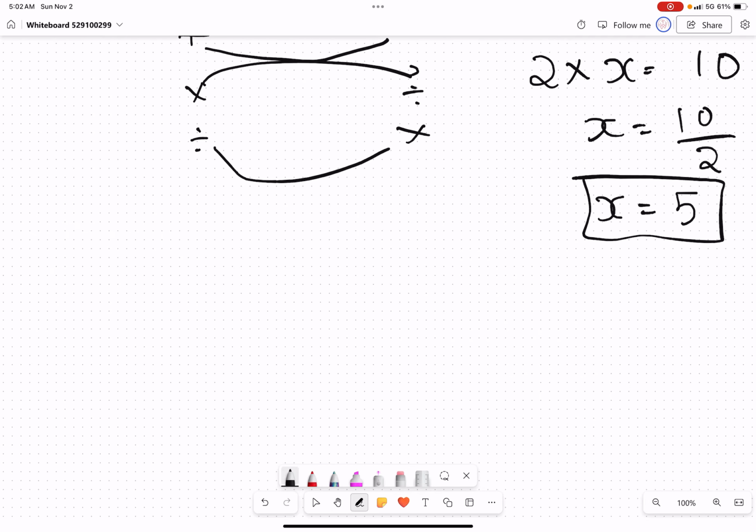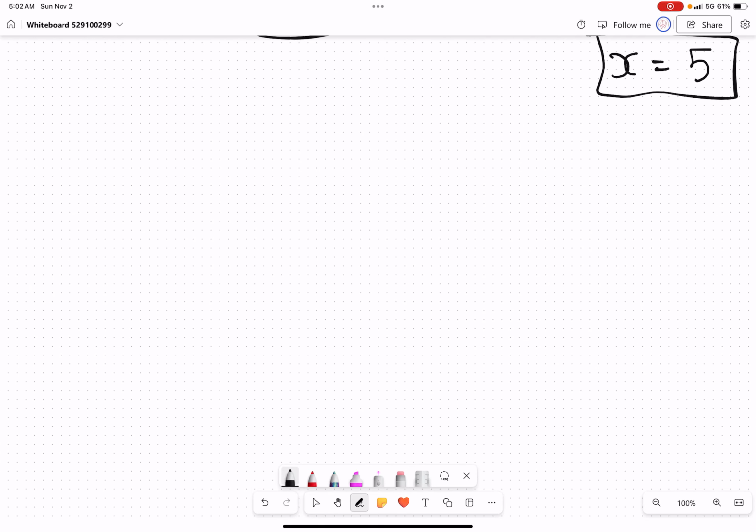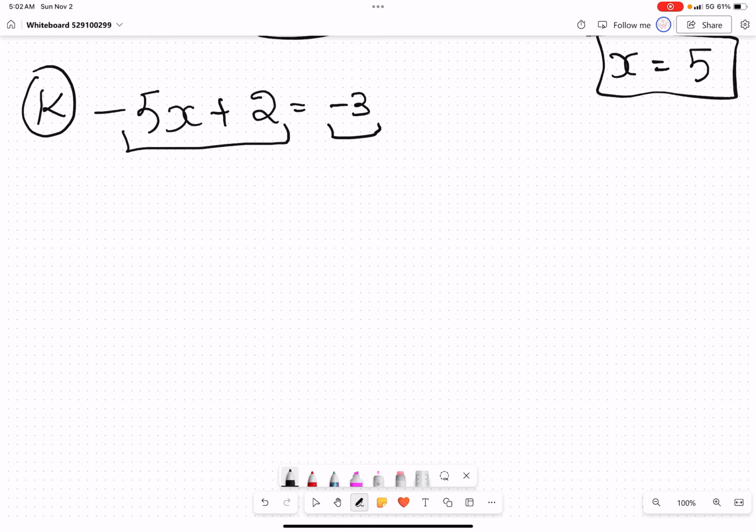Okay. Now let's do 5x plus 2 equals minus 3. Left hand side, right hand side, variable, constant.